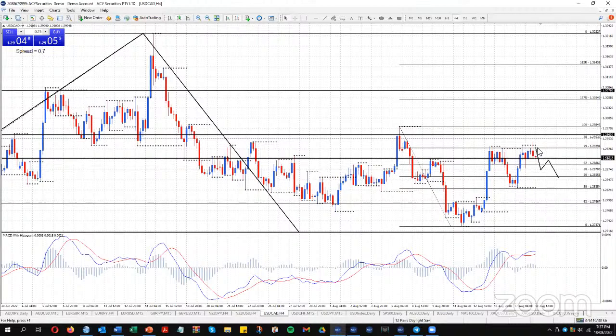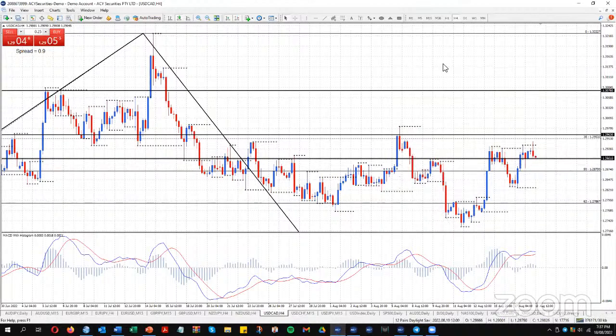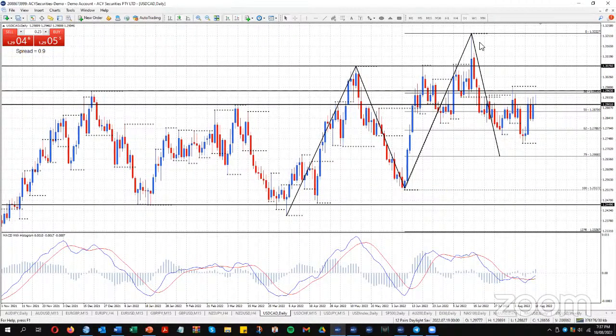All right, somebody's asking me about an inverse head and shoulders on dollar CAD. Well, you could actually get, let me just get rid of that line.